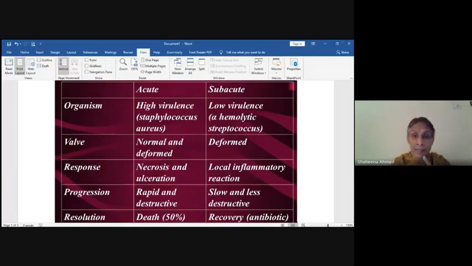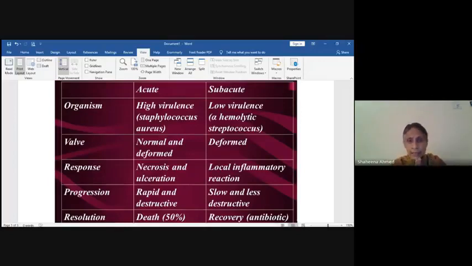Onset, we have already seen in acute cases, it is very rapid, whereas in subacute cases, it is relatively slow. Now, organisms we have already discussed. There are highly virulent organisms, whereas in subacute cases, there are low virulent organisms.